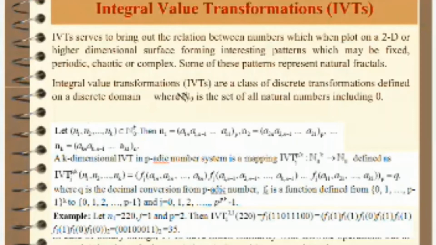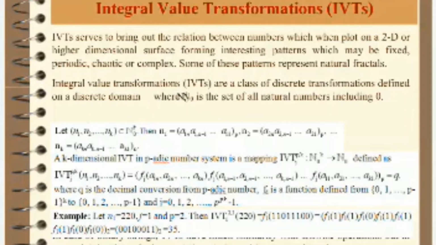Then we keep all the expansions horizontally, and the rule acts column wise. After action of the rule column wise, we get a new string of the same length, and its decimal value represents the IVT of n1, n2 up to nk. So there is an example where n1 is 220, j is 1, p is 2. p is 2 means it is in binary. So when IVT1 acts on 220, it gives the value 35.